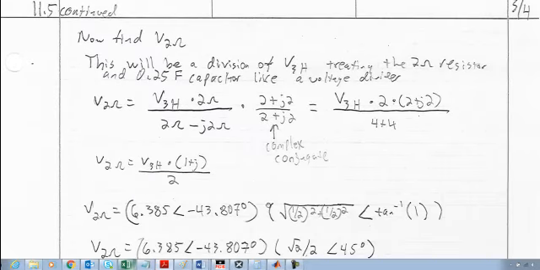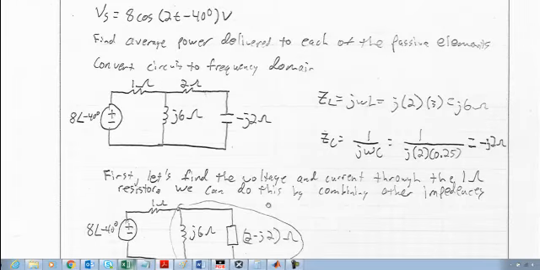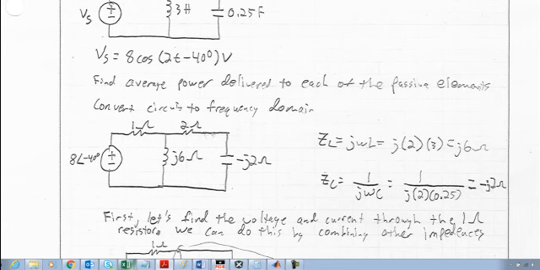Now, let's perform a similar evaluation looking at the 2 ohm resistor. So here, this is going to be a little bit trickier. Let's go back up to our schematic so we can see where to get the voltage. In this case, I'm going to treat the voltage across the inductor as one voltage, and then the 2 ohm resistor and this 1/4 farad capacitor are going to act like a voltage divider, and I can treat them like a voltage divider because now I've converted them into impedances.